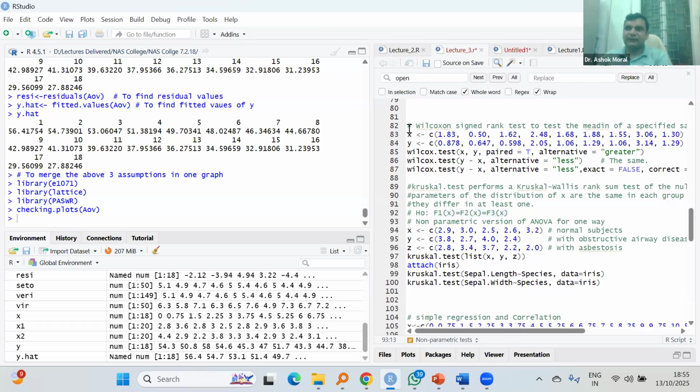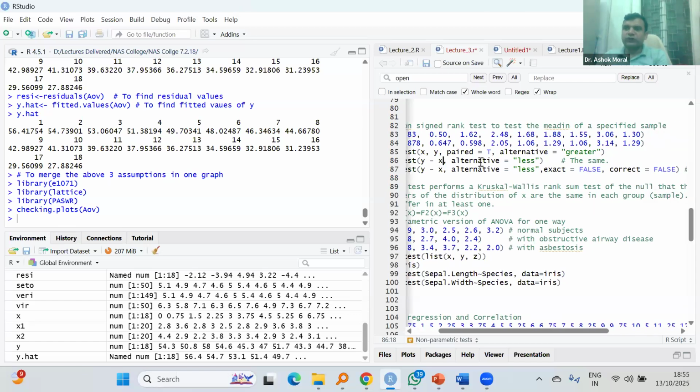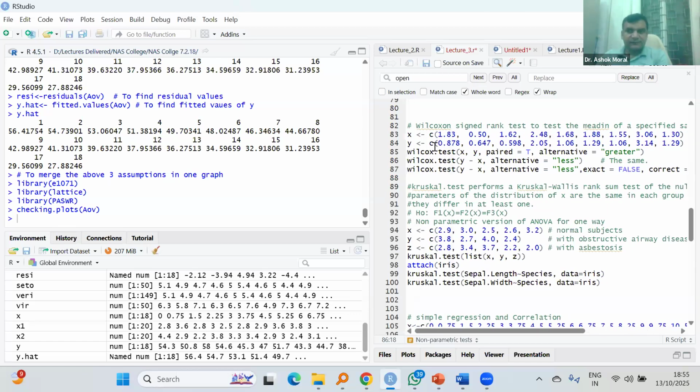So in that case, we will have the Wilcoxon signed rank test to test the median of a specified sample. So again the same thing: either you can go for the one sample t-test or two sample t-test.